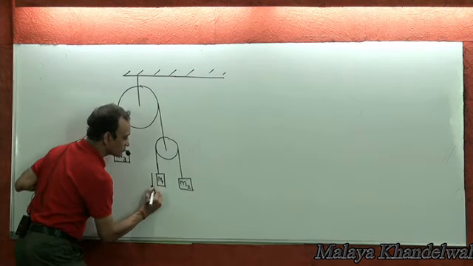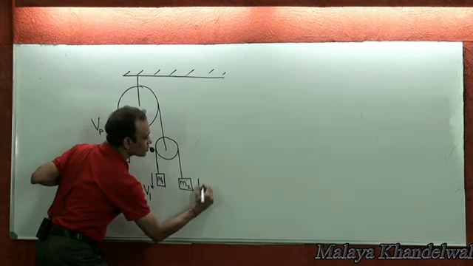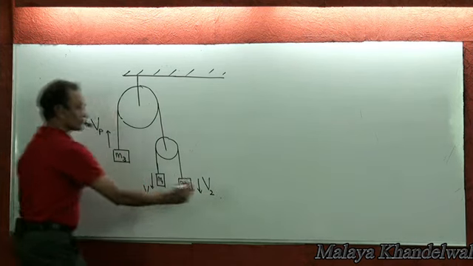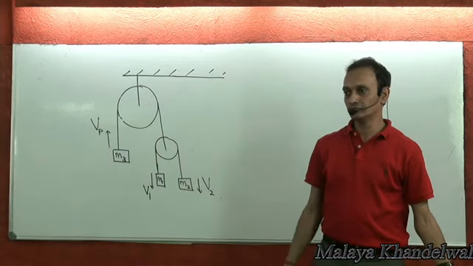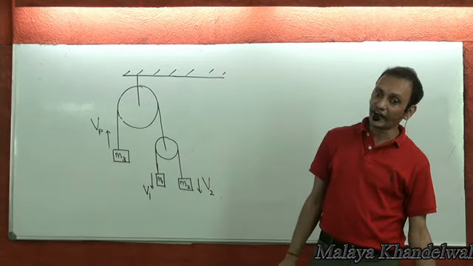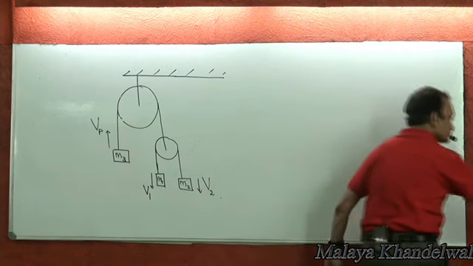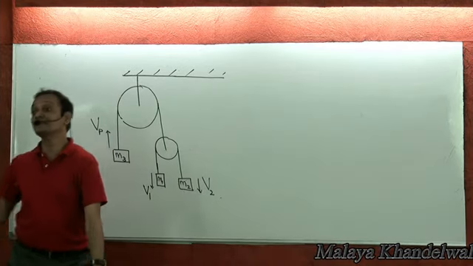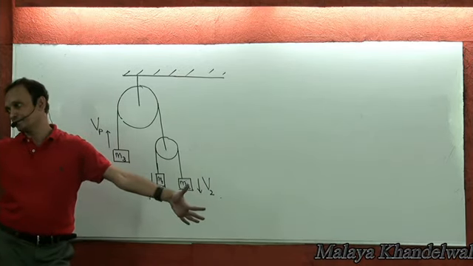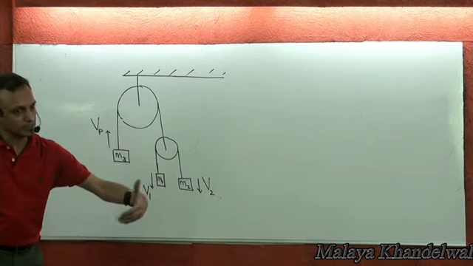Say this mass moves down with a velocity V1 and this mass moves down with a velocity V2. I want to connect Vp, V1 and V2 algebraically. And again, whatever I do with velocities, I could have done with accelerations, right?